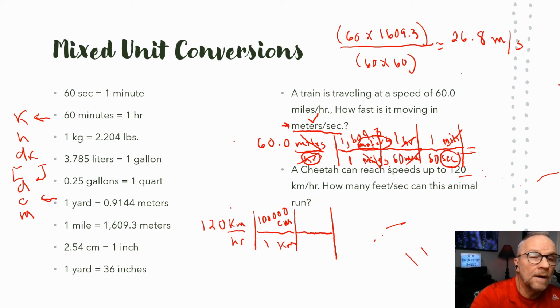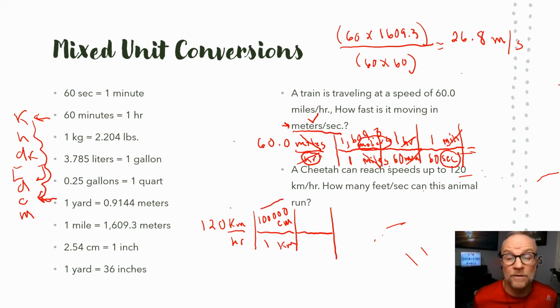You count down and you got 1, 2, 3, 4, 5 steps down. So 1, 2, 3, 4, 5. Here zeros are factors of 10. So we got to centimeters, and we can go from centimeters to inches, and then finally inches to feet, right?